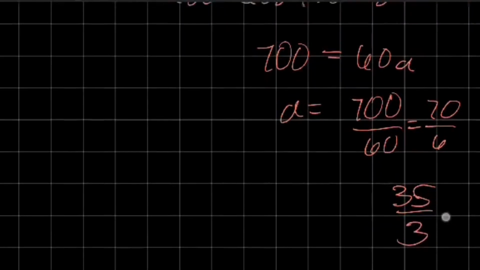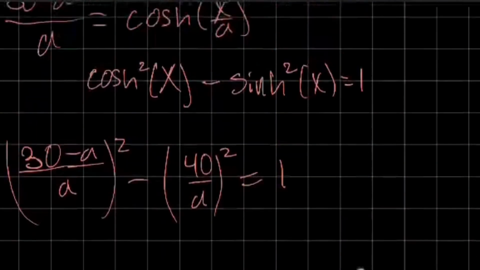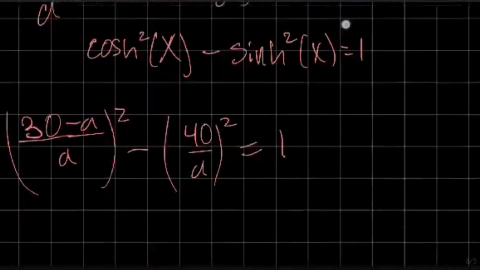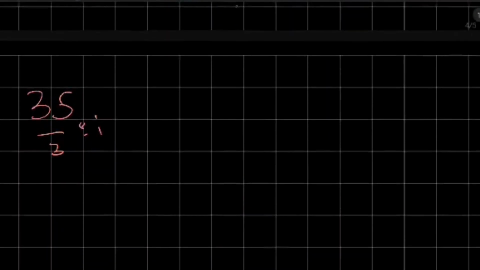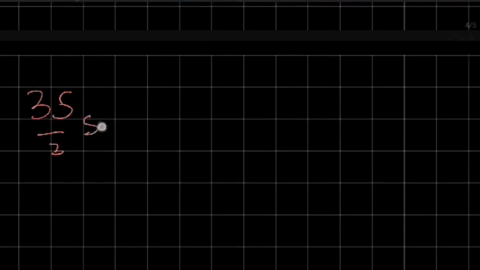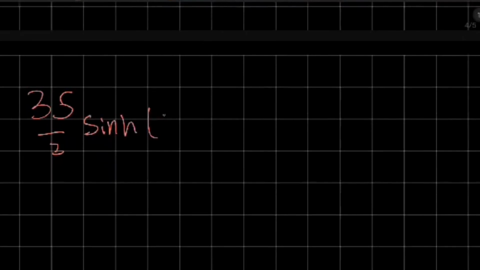So we've solved for what value we're going to set a to. So now we can finally start solving for x, the main value we're looking for, the distance here. So we can plug a into our equation of 35 over 3 sinh of x over 35 over 3 is equal to 40.